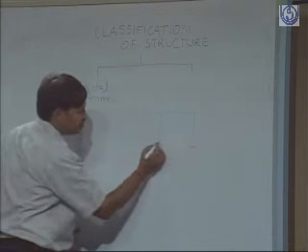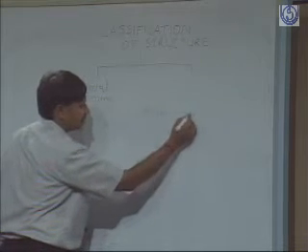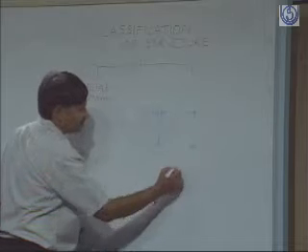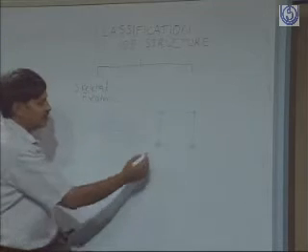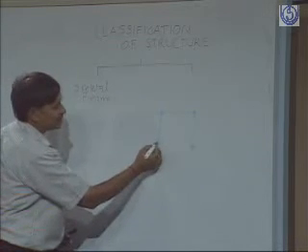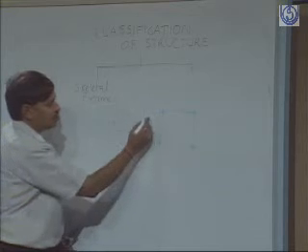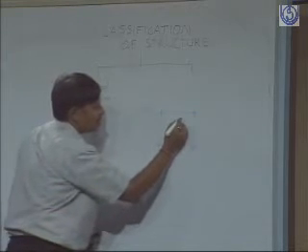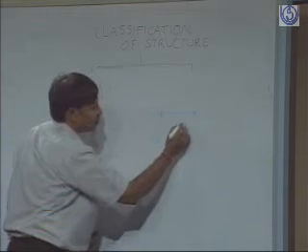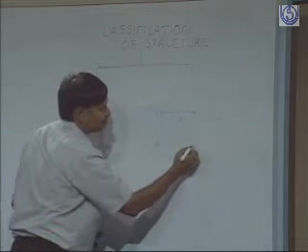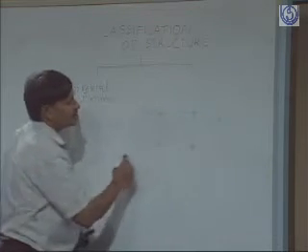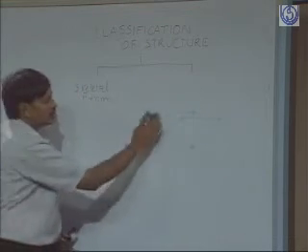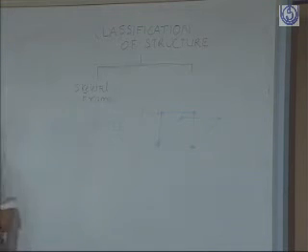But suppose you put a pin joint here, here, here and here, what will happen? A pin joint means it can rotate at these joints. So if you apply a load P in this direction, it will simply fall because it can rotate at these points. So it cannot withstand a load in this direction.